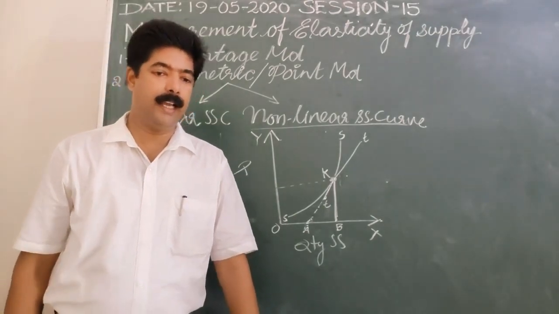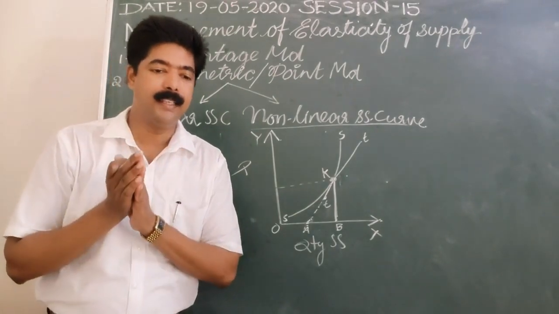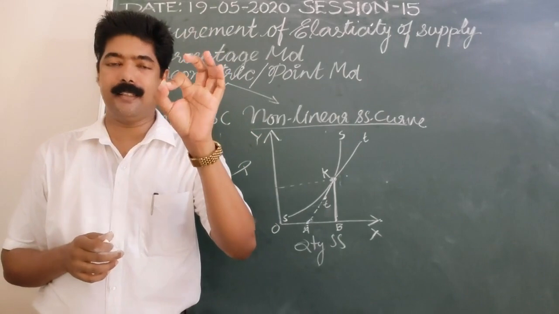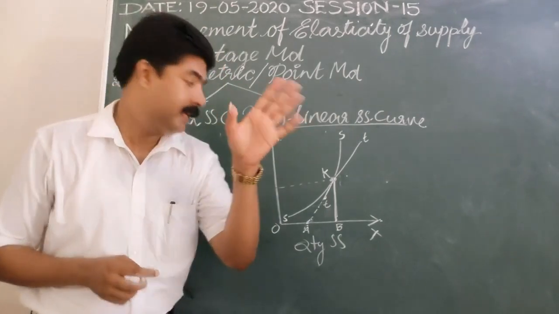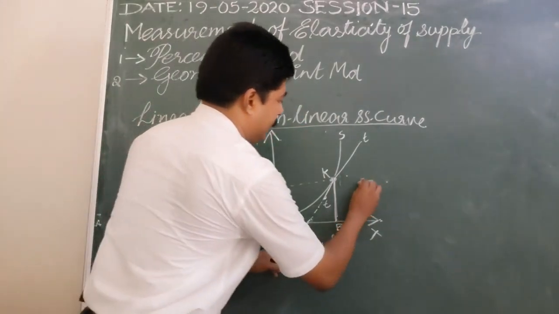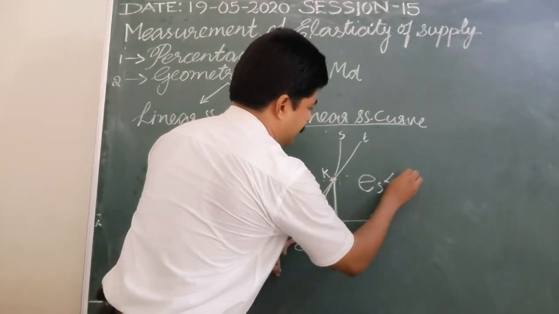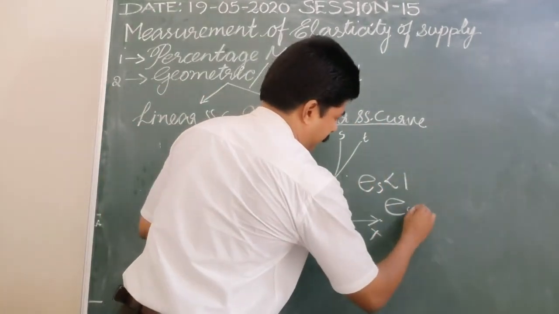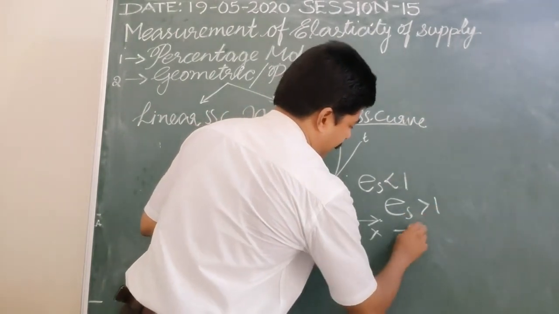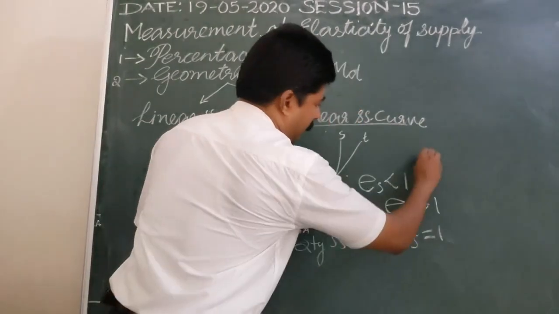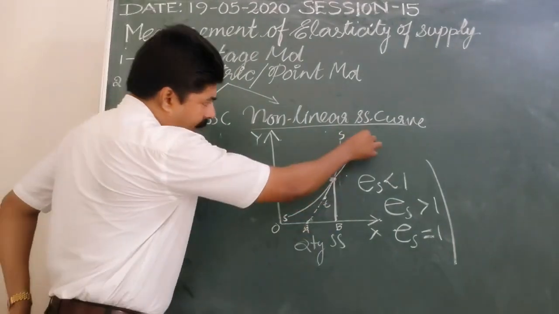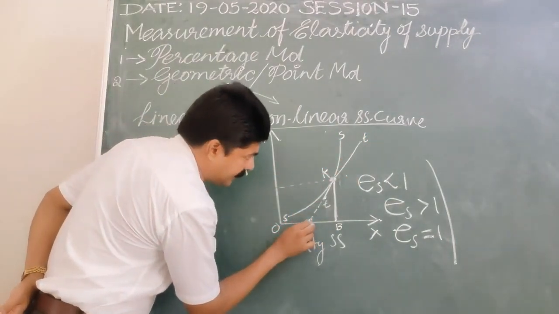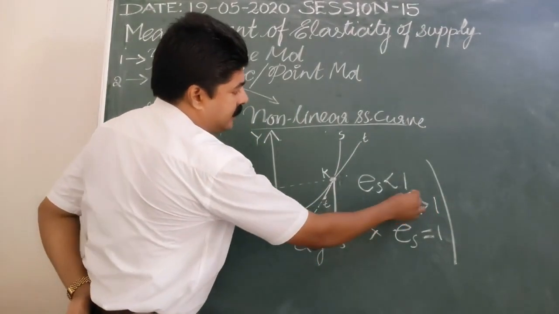Okay, so if the tangent meets the y-axis, elasticity of supply is more than unity, and if the tangent touches the x-axis, it is less than 1.